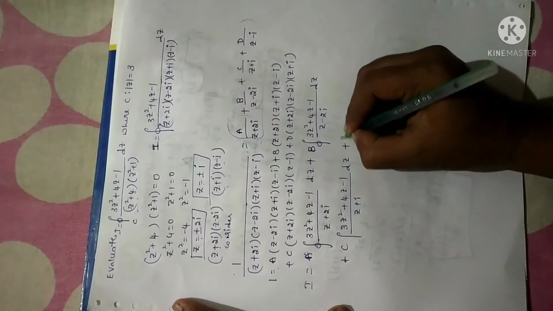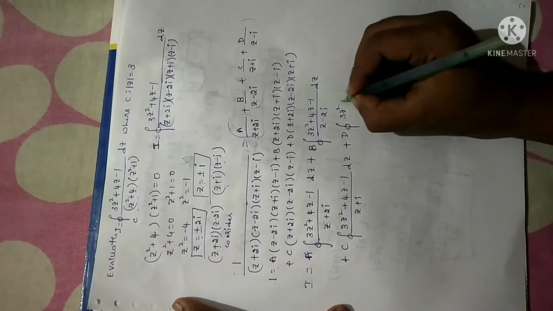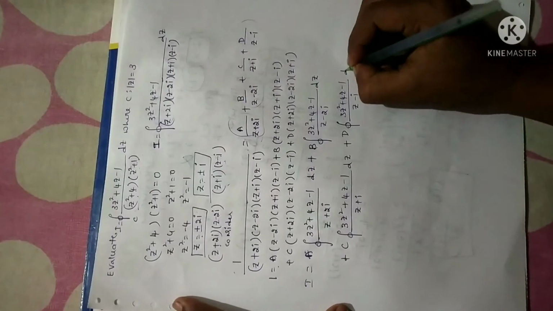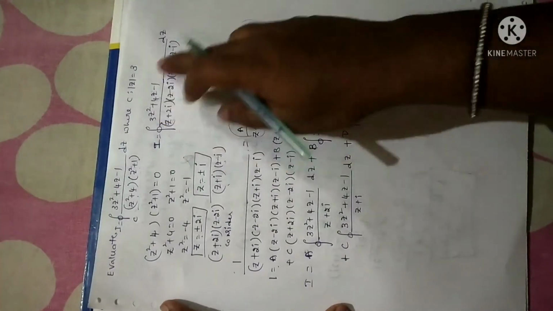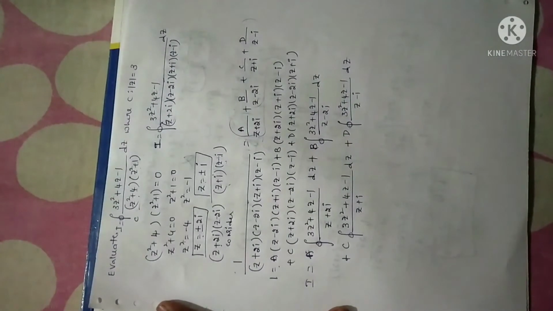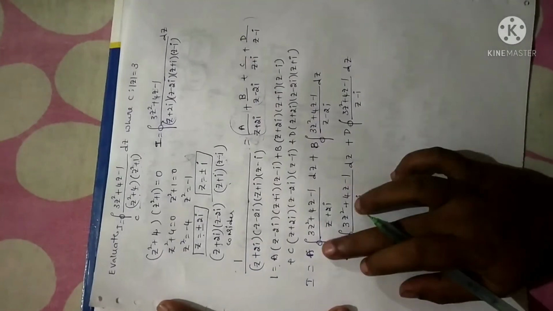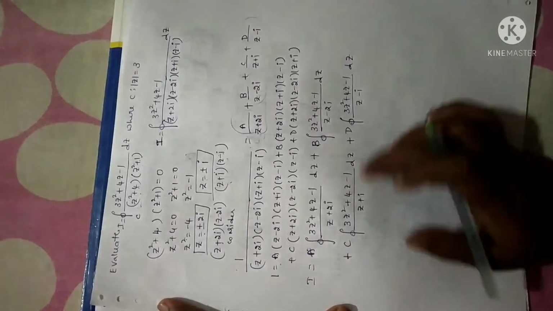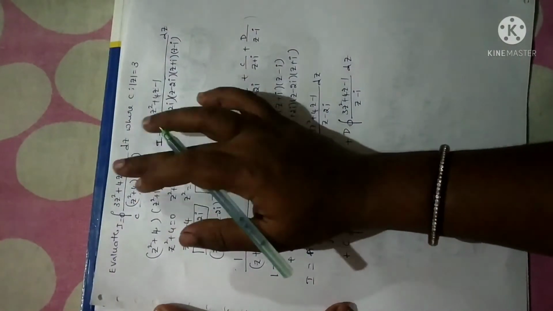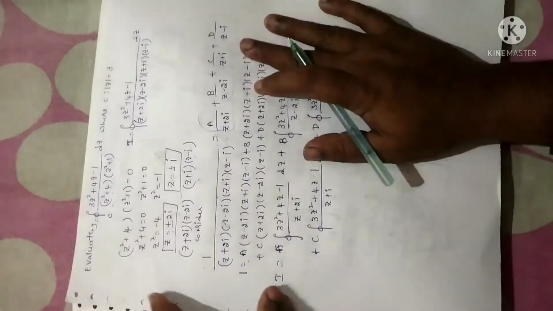Next, plus d into the integral over the closed curve, numerator as it is 3z square plus 4z minus 1 divided by z minus i dz. What I have done is split the given term by applying partial fractions directly. Instead of solving for the a, b, c, d values in the partial fraction, I am doing it directly. Why? Because we are not intending to find the a, b, c, d values; instead we intend to find the value of the given integral. Fine. Now let me look at the problem.